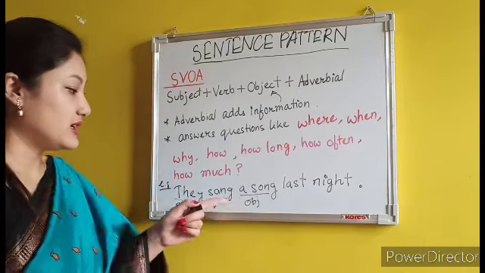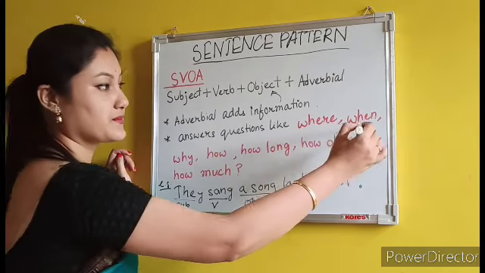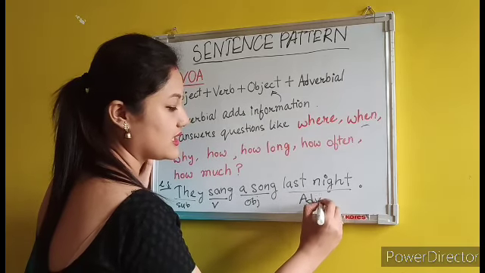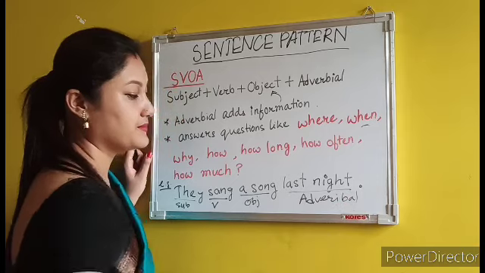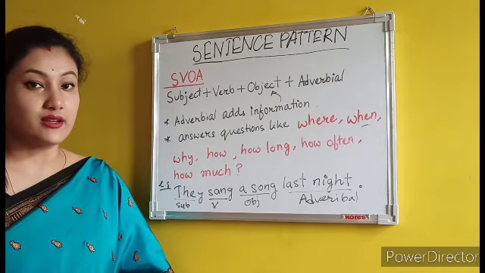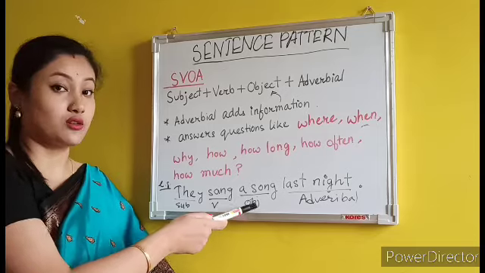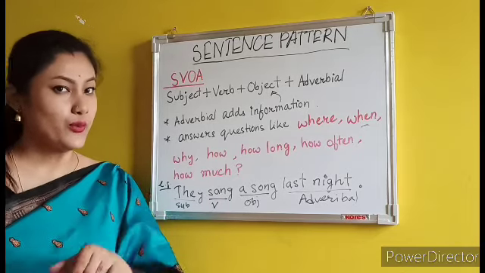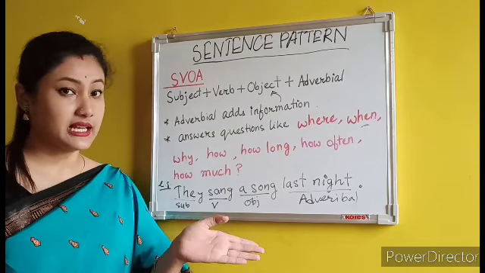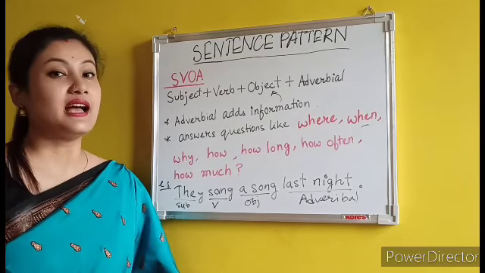A song. A song is the object here. They sang a song when? Last night. So this is the adverbial. When did they sing a song? Last night. So last night is the adverbial here.